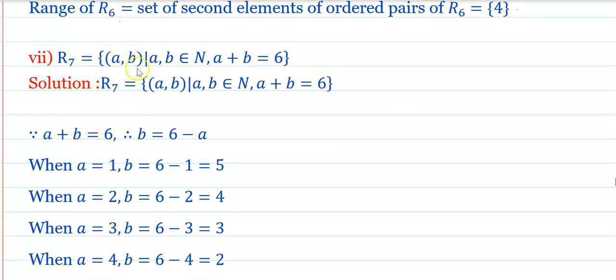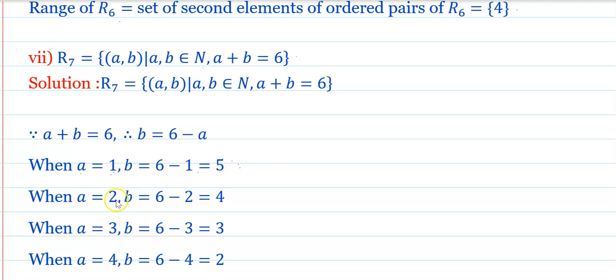Okay. Now the next is R7. (A, B) such that A, B belongs to the set of natural numbers and A plus B is equal to 6. Now this is the R7. The total of A plus B should be 6, and A, B belong to natural numbers. If I take A is equal to 1, B is 6 minus 1, that is 5.